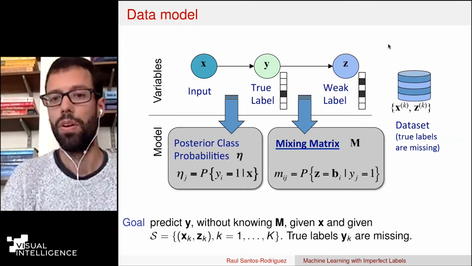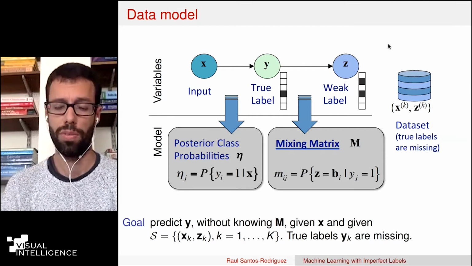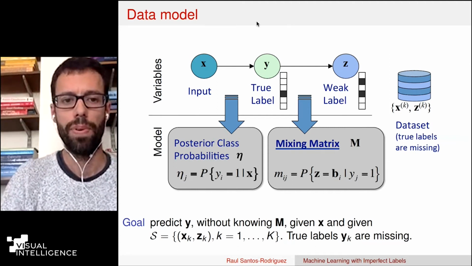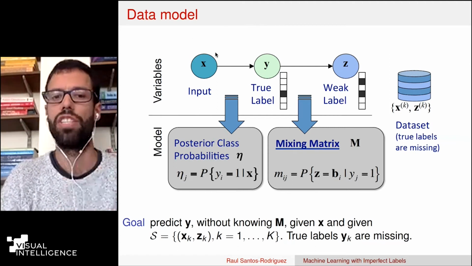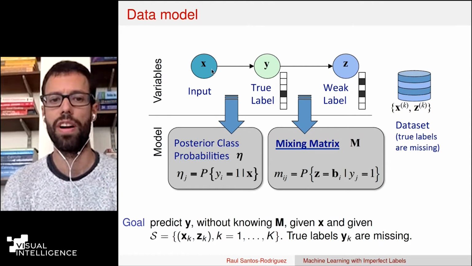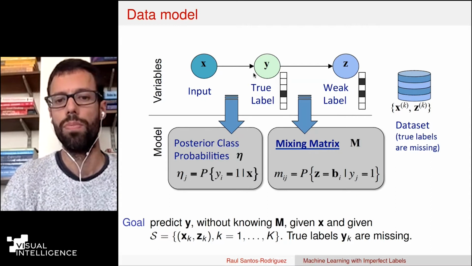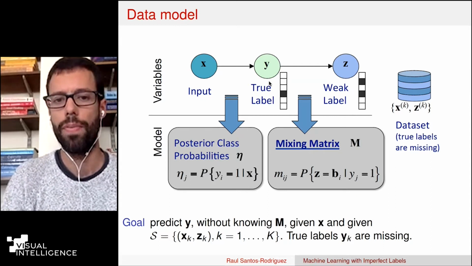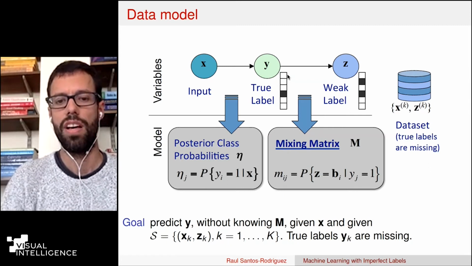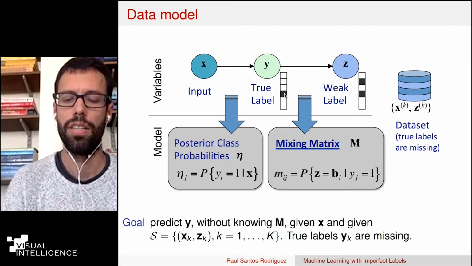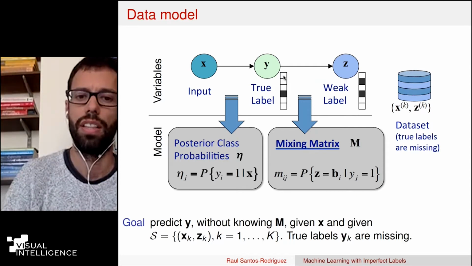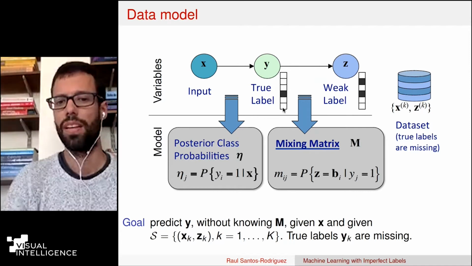I won't go into a lot of details in the talk, but there is some notation in the next couple of slides where I try to simplify things as much as possible. I assume that we have an input x, this random variable here. There is a true label that we don't have access to, y, that we represent in this graphical form as a vector, where the black area is the label of interest, and the rest are not present.